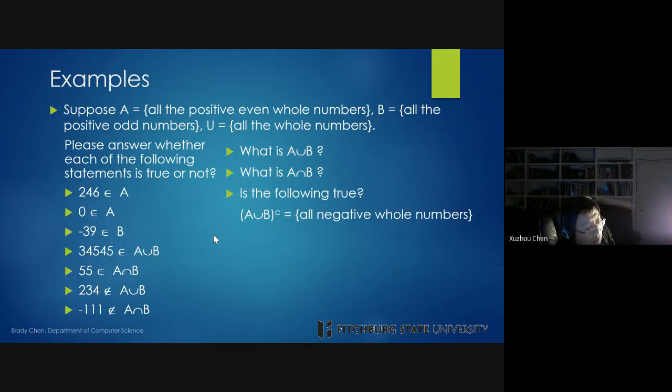Okay. Now I'm going to take a small break, and I'll leave these examples here. So let's take a look at this. I will take a 10-minute break, so please look at each question first, and then answer each of the items here.